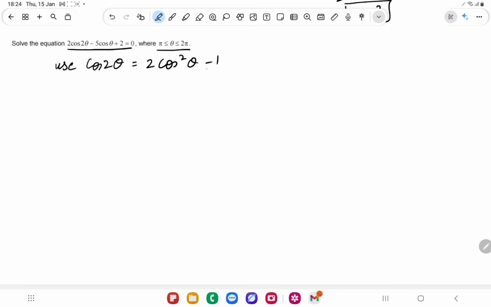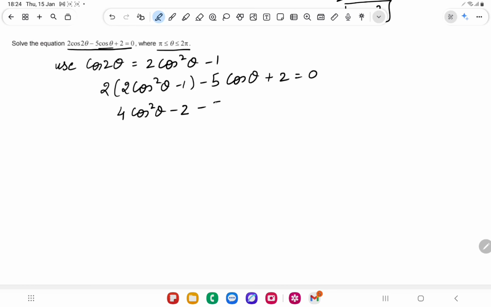Now why am I using 2 cos square theta? Because I have equation in cos only. Now I will be substituting this. So 2 cos square theta minus 1 minus 5 cos theta plus 2 is equal to 0. Now I will just simplify the equation. 5 cos theta plus 2 is equal to 0.